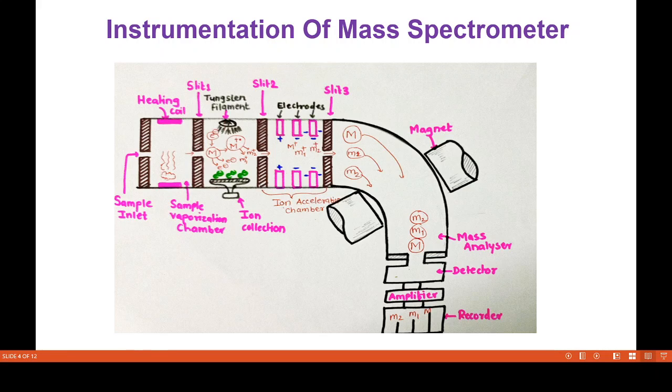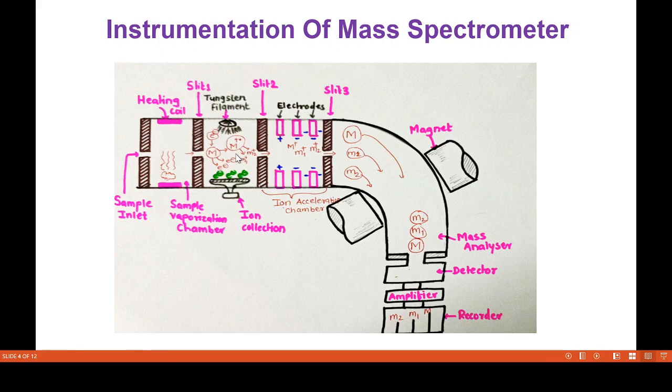So we introduce that solid or liquid sample through this inlet into the sample evaporation chamber. Here the heating coils are present. This heating coil produces a temperature, and due to that temperature the sample gets heated and is converted into the gaseous form. This gaseous sample is then introduced into the next chamber, called the ionization chamber.